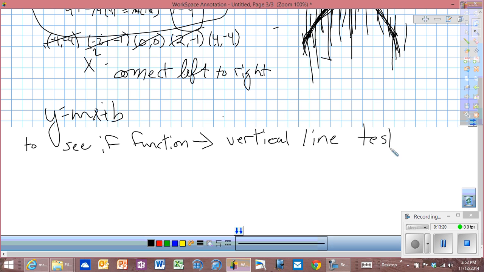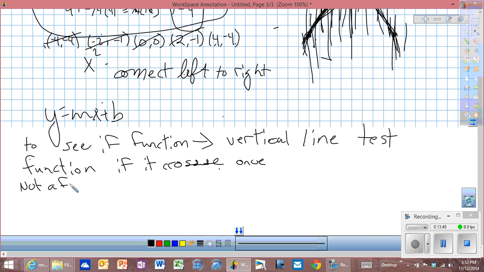So the vertical line test means it's a function if it crosses once. And I'll show you one. Crosses once.